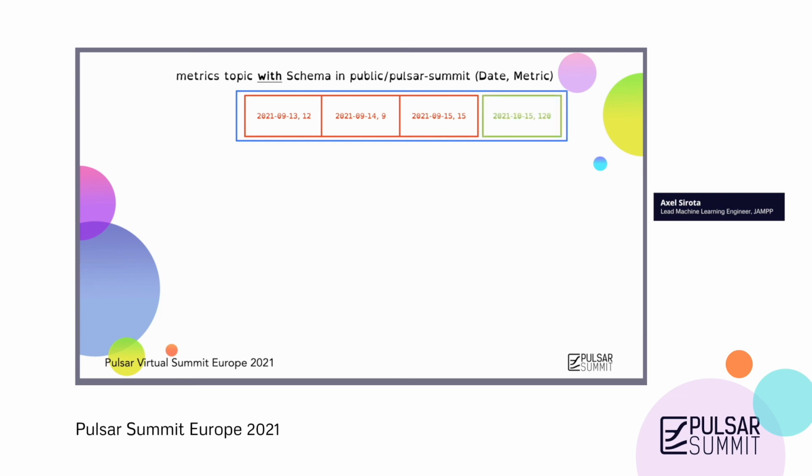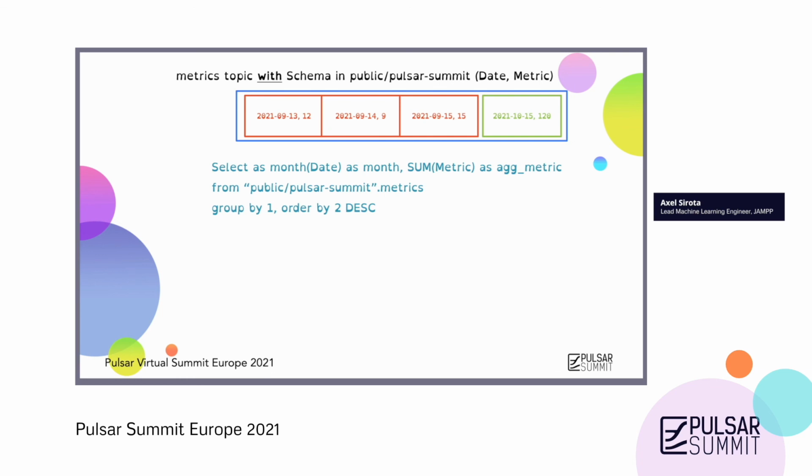For example, if we have a new message that is maybe anomalous, in October, that had a metric value of 120, you can have this query where you select the number of events that had a metric over, for example, 10, and this may be a query that is run on a scheduled basis to trigger alarms, and you have the result of how many of those had a metric over 10.